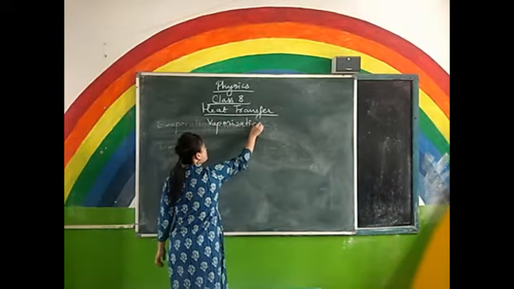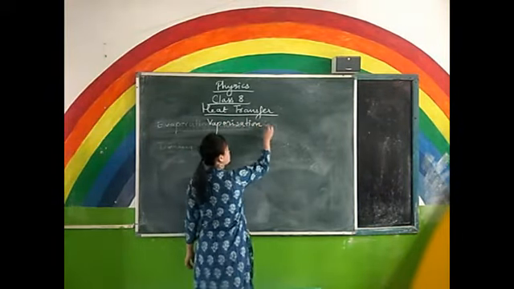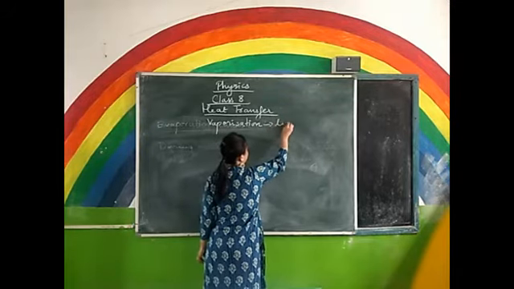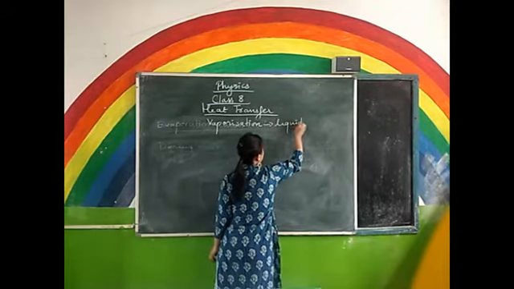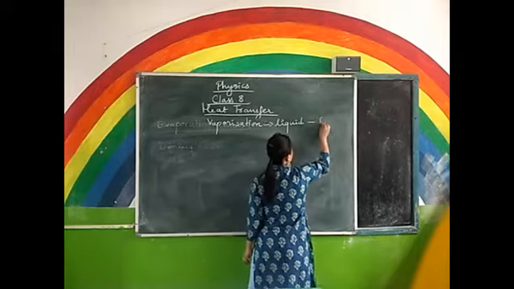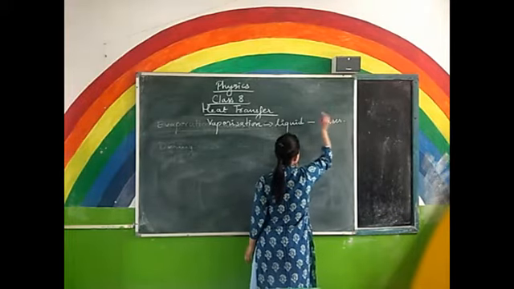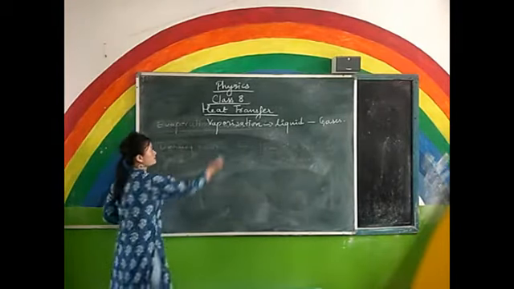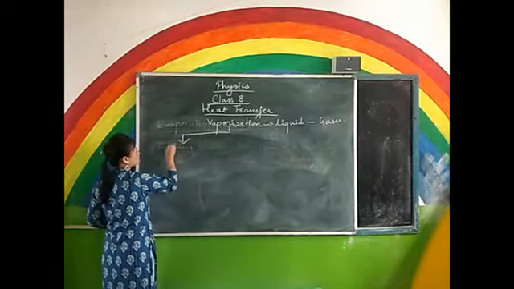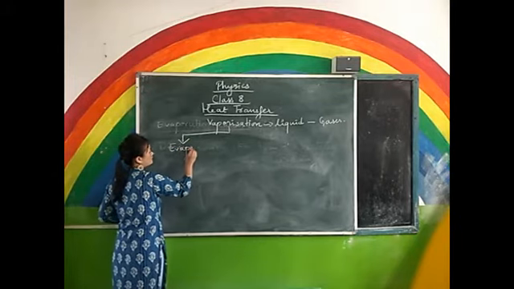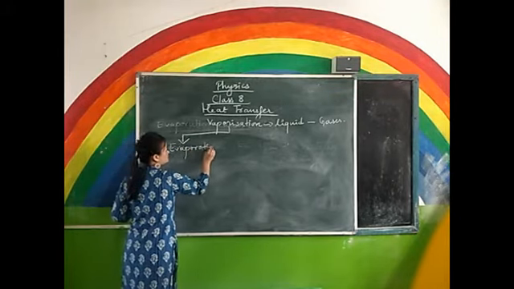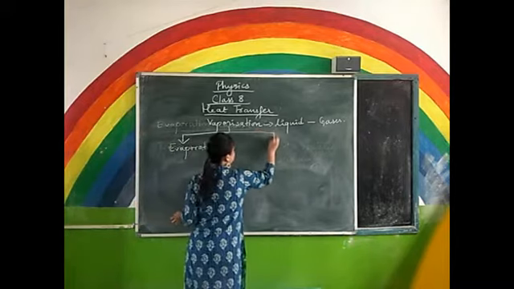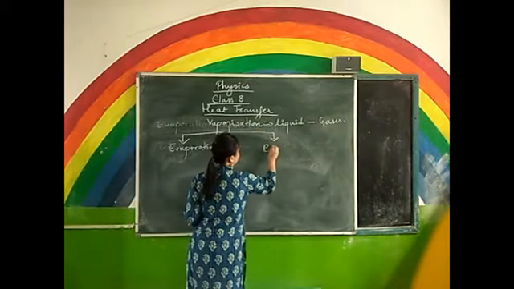Vaporization is the process in which a liquid changes to gas by absorbing heat, when heat is gained. And vaporization is categorized into two types. One is evaporation, the other one is boiling.